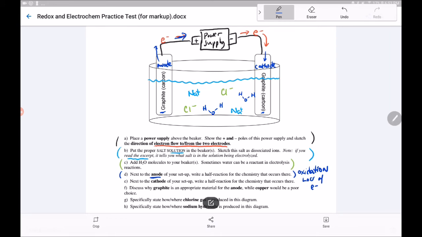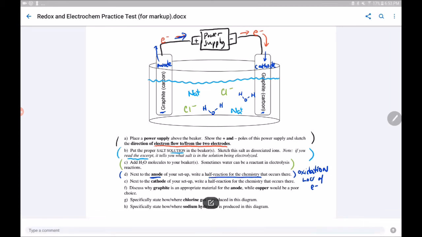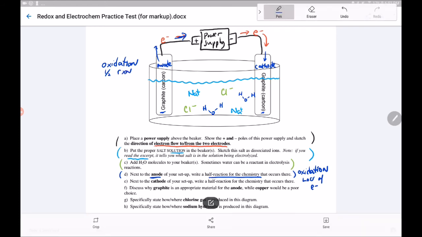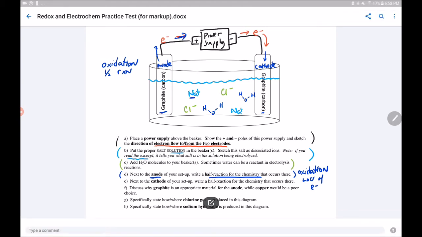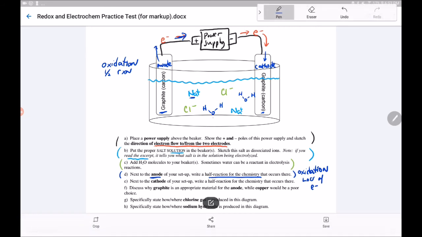Next to the anode, write a half reaction for the chemistry. Must be an oxidation. As I'm looking for something that can be oxidized. The graphite itself cannot be oxidized. The sodium ion cannot be oxidized. Water could be oxidized. Chloride ion could be oxidized.